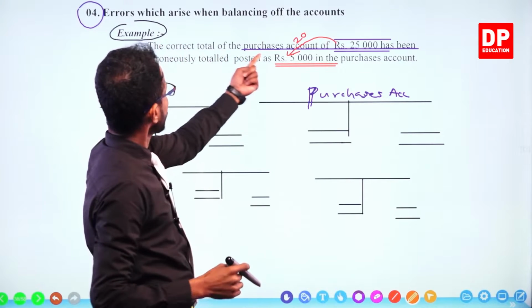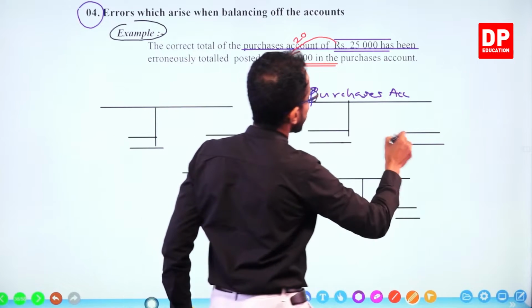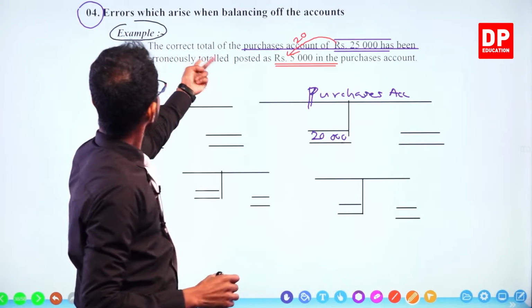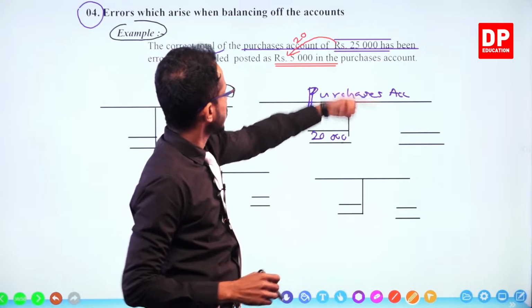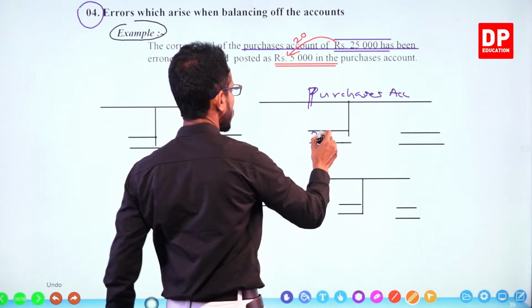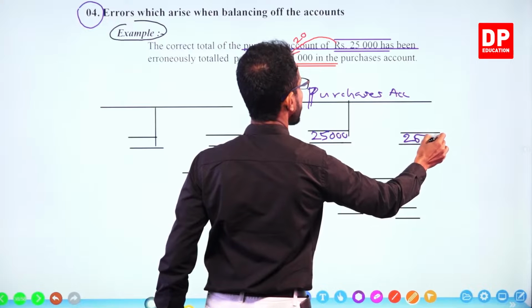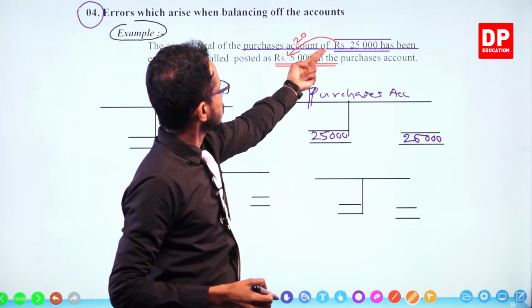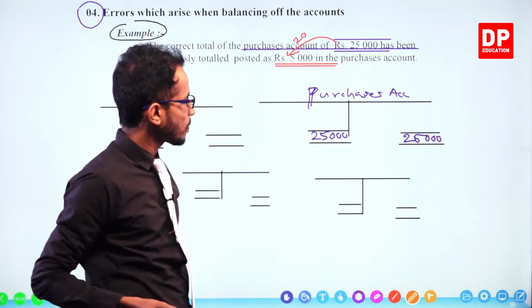Now the purchases account total should be 25,000. The correct total of the purchases account, 25,000, has been erroneously totaled as 5,000.